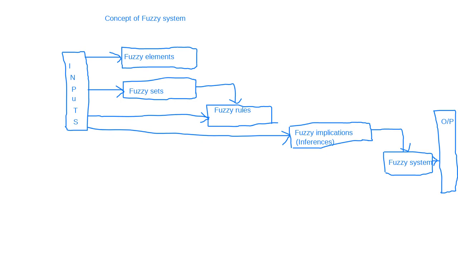So input is provided in the form of crisp set, and then it is converted into some sort of fuzzy form by the fuzzy system, right? And finally you get the output in the form of crisp values. In the next part we will discuss each constituent of fuzzy system, like what are fuzzy elements, fuzzy sets, fuzzy rules, fuzzy implications. We will discuss one by one, right?